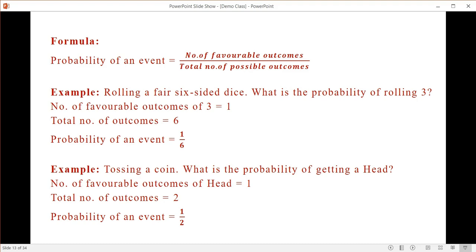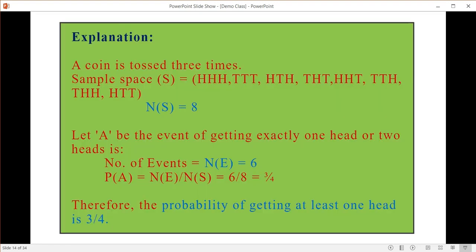The total number of possibilities is 2, head and tail. So the probability of an event is the number of favorable outcomes divided by the total number of possible outcomes, that is 1 by 2. So these are some examples for probability.